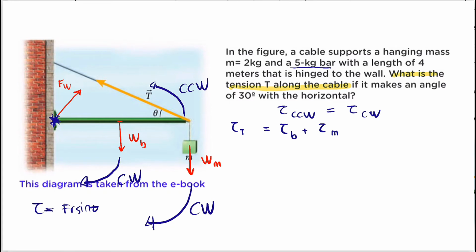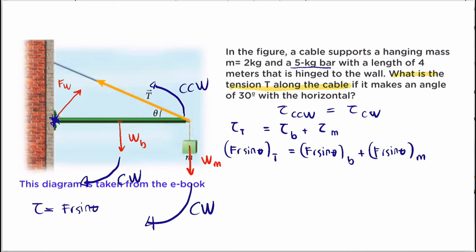Now expanding torque, so torque is equal to Fr sine theta, this is for the tension, is equal to Fr sine theta for the bar plus Fr sine theta of the hanging mass.